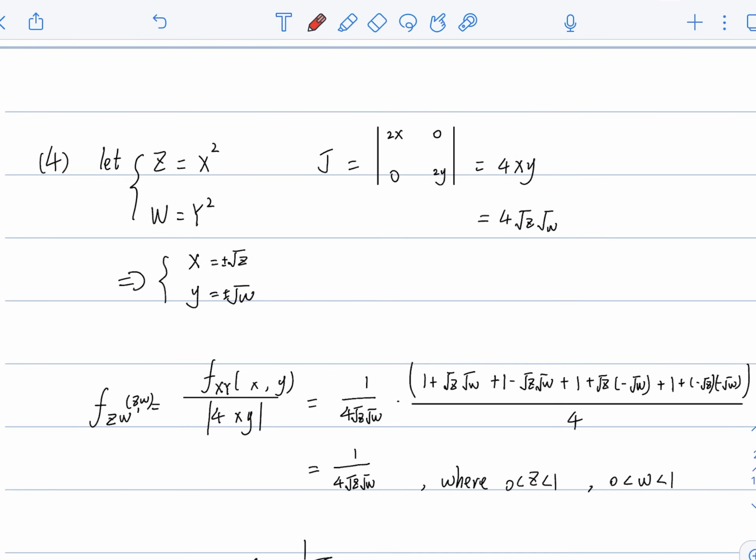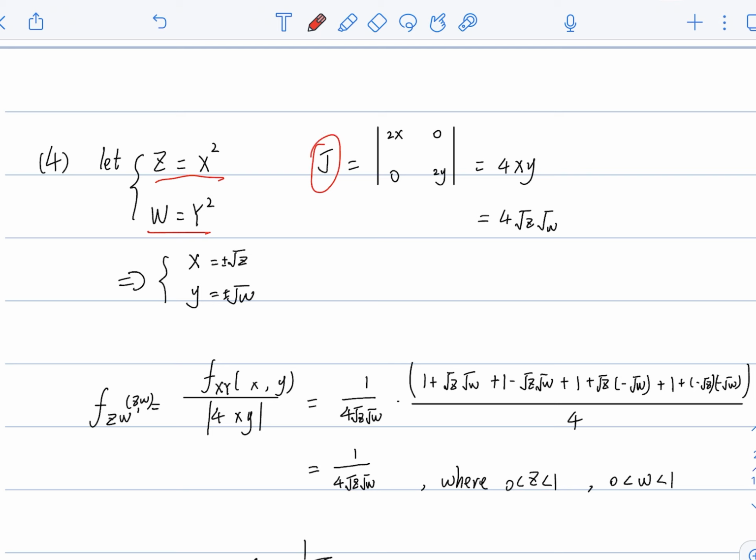The fourth question asks us to find the joint density function of X squared and Y squared. Let's assume that z is equal to x squared and w is equal to y squared.